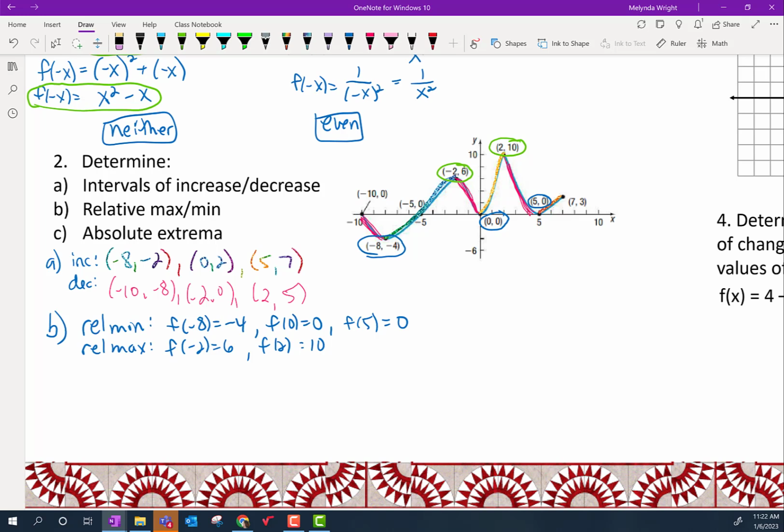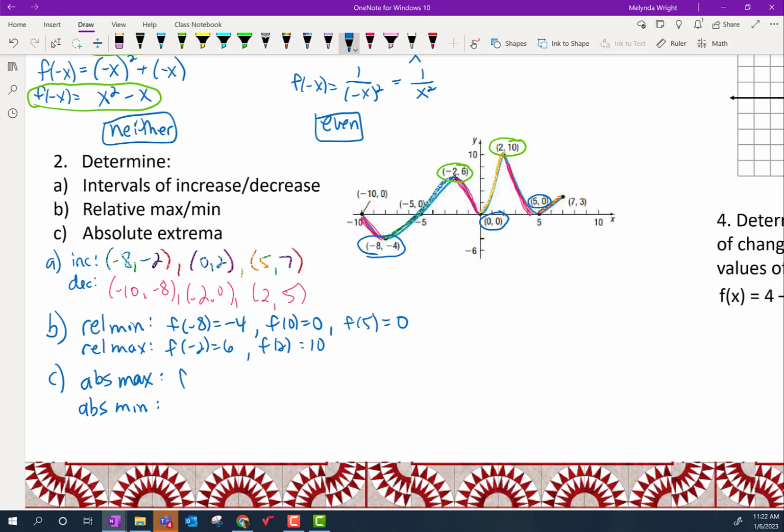All right, so now absolute. Remember, absolute is just the very biggest. So we want the absolute max and the absolute min. Okay, so we look over the whole graph. We want the very biggest y value. The very biggest y value is 10.